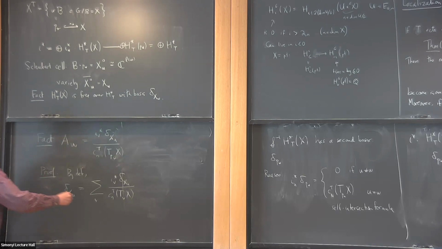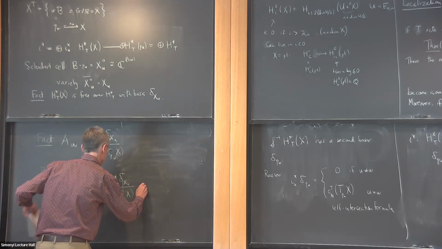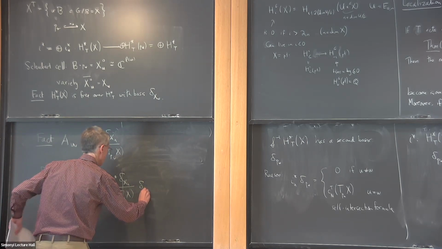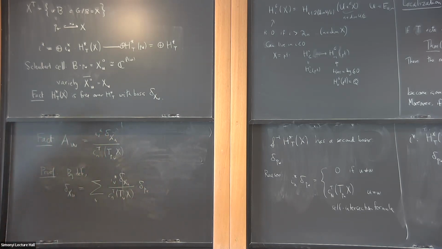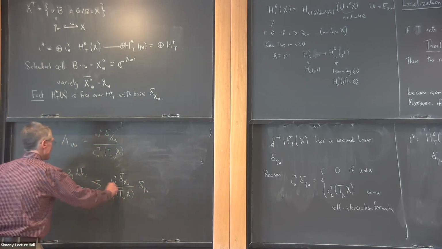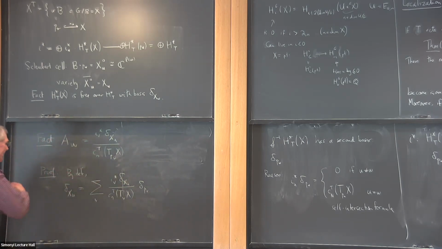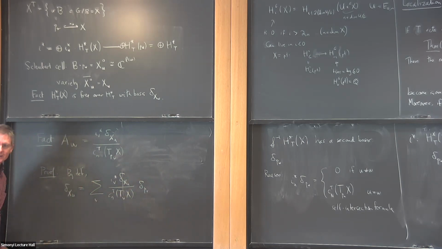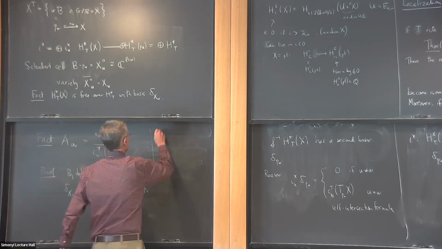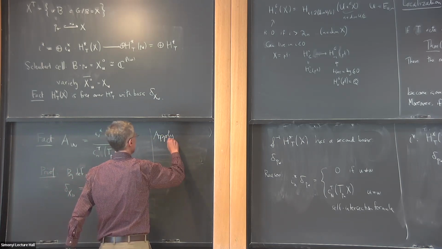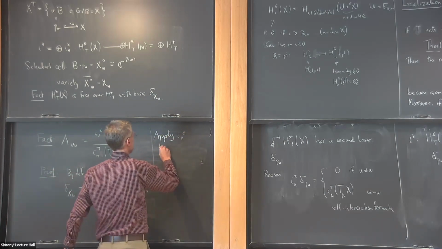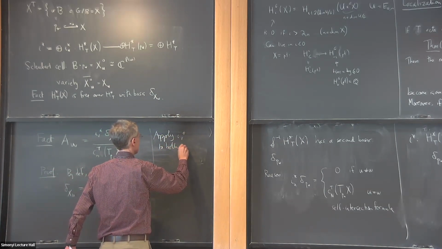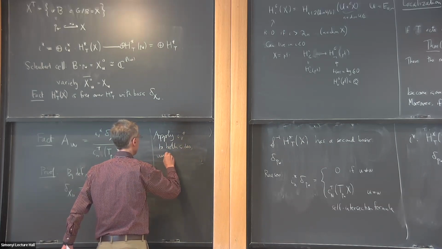That's the definition of the change of basis matrix. That's what I want to show, because then this will be the same as this. If I apply I V star to both sides and use the self-intersection formula, I get exactly the result, because this will vanish except for one term, which will exactly cancel out of this. So apply I V star to both sides and use self-intersection.